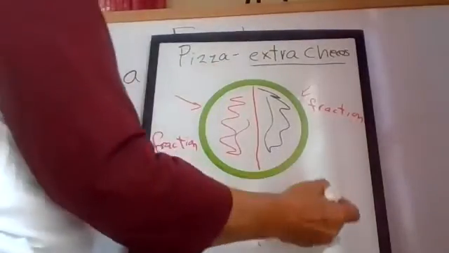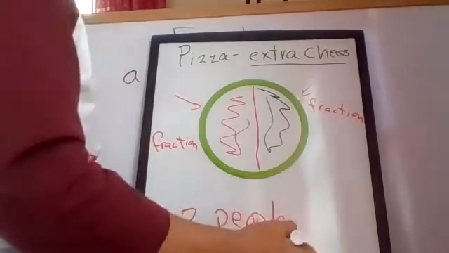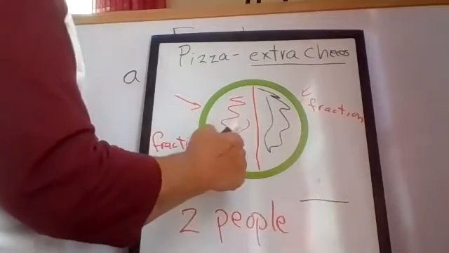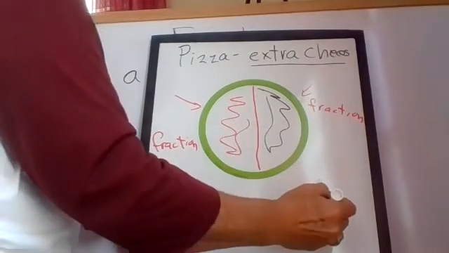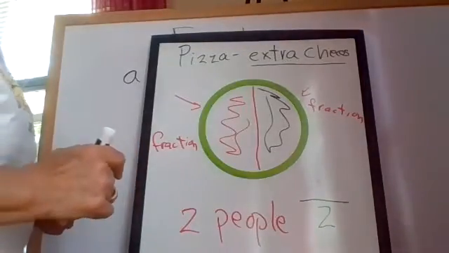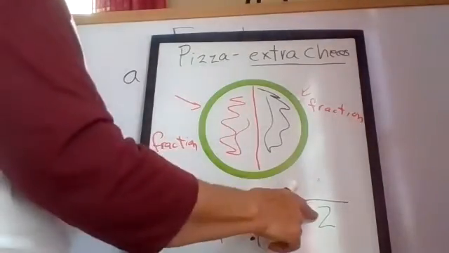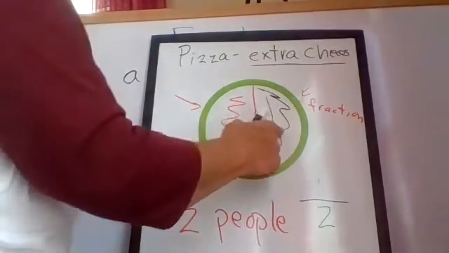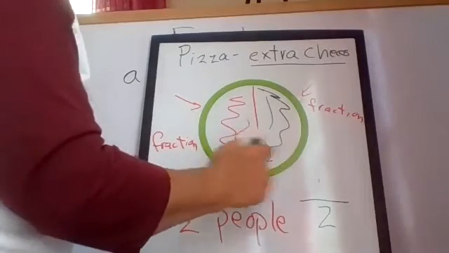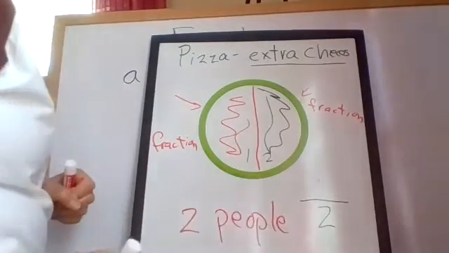I have one whole pizza with two parts. So in my pizza, I have two parts. The number of equal parts that we have is what goes on the bottom of this very special number. Here are two pieces, 1, 2. That number goes right here.